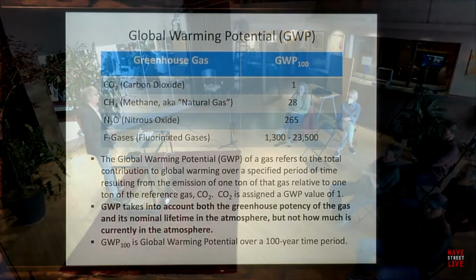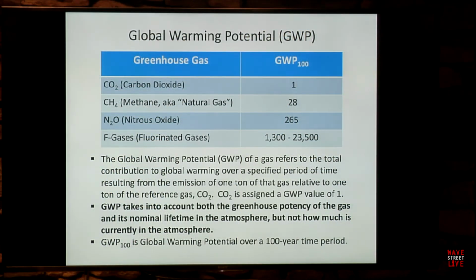Methane has a value of 28. So what does that mean? It means you put 1 ton of methane into the atmosphere, it's equivalent to putting 28 tons of CO2 into the atmosphere. Nitrous oxide, 265. Put 1 ton of nitrous oxide in the atmosphere, it's like 265 tons of carbon dioxide. Look at these fluorinated gases. Huge, huge global warming potential.